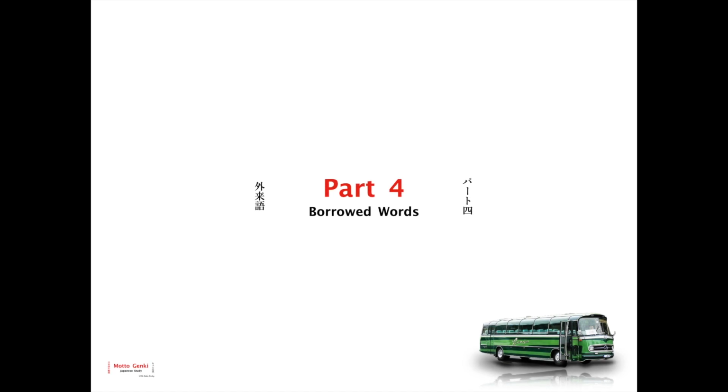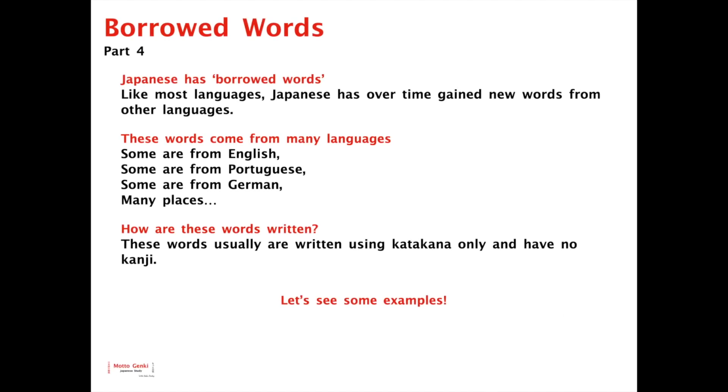Right, now we're going to move on quickly to borrowed words in Japanese. So, Japanese has many words that it has gained from other languages over the years. So, for example, it uses some words from English, some words from Portuguese, some words from German, from many, many languages.